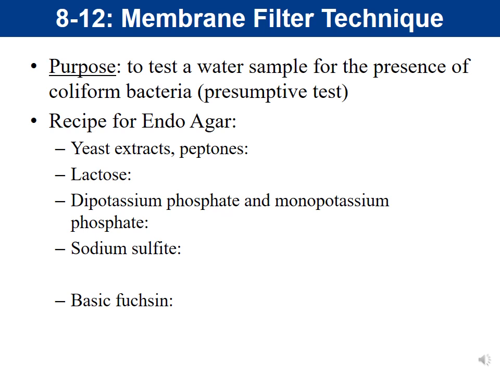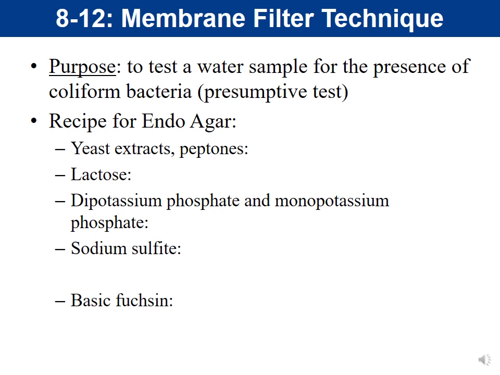The basic fuchsin is a dye, and it will cause the colonies to change color if the pH goes down. So if the bacteria is a slow fermenter, the colonies are going to stay this dark pink red because you don't get this dramatic change in pH.